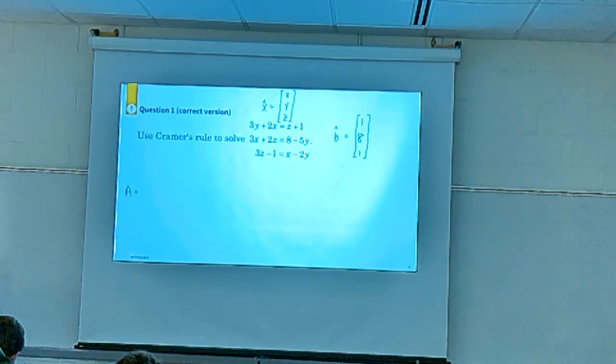So coefficient matrix, first column, coefficients of x: 2, 3, -1. And we have to move that x to the left-hand side for equation 3.